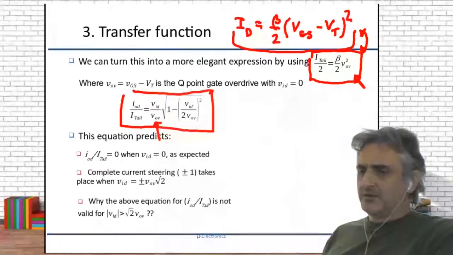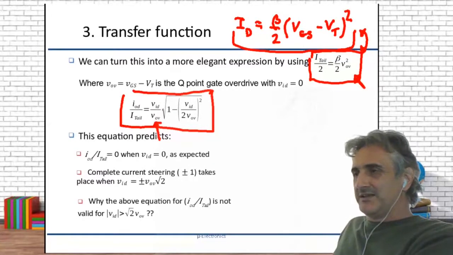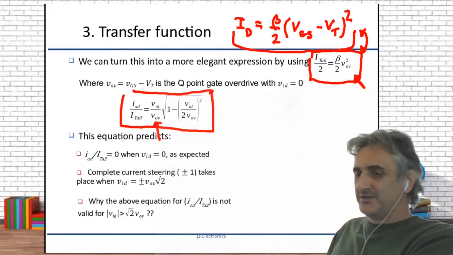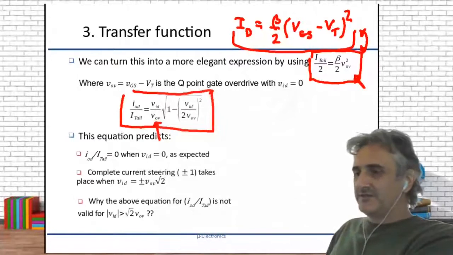And the question, and I would like you to at least answer: why is this equation not valid for input voltages over this voltage, 1.4 overlap voltage?